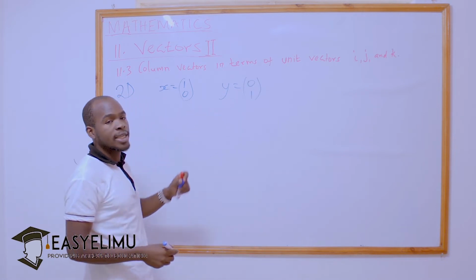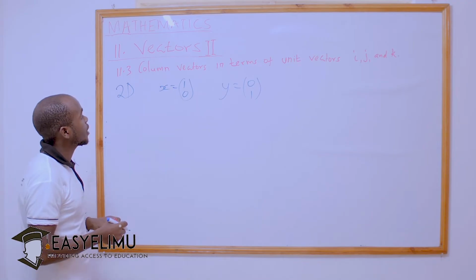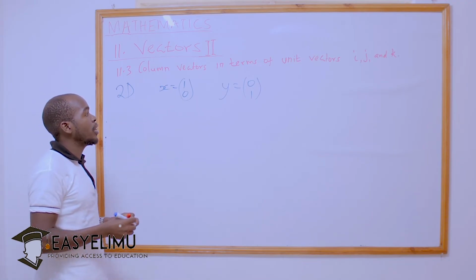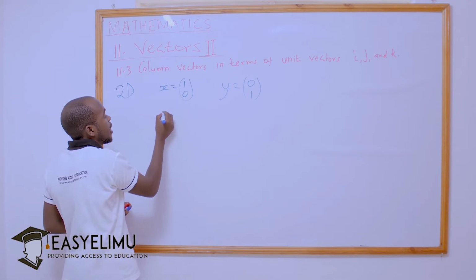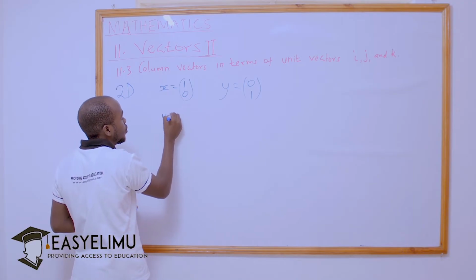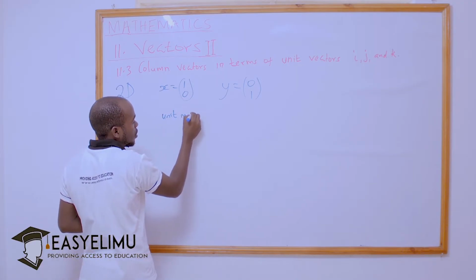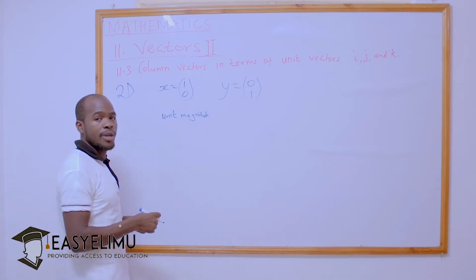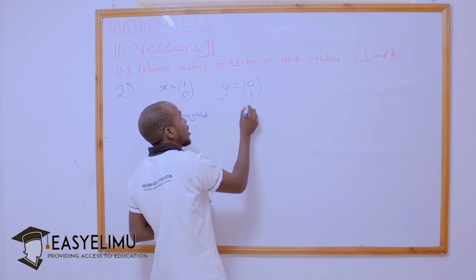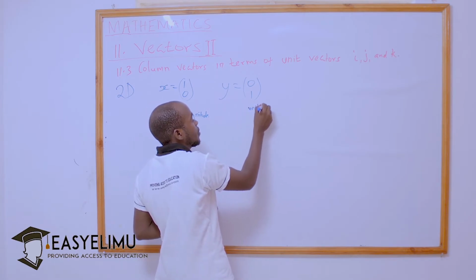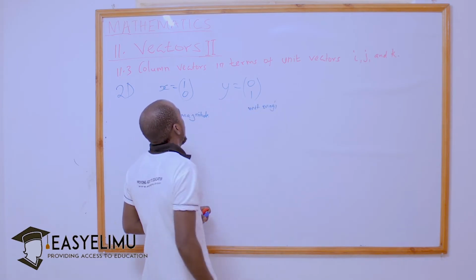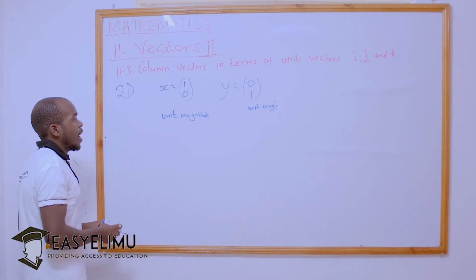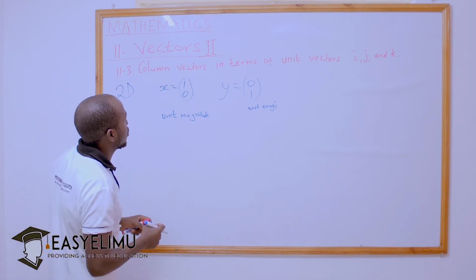These two vectors are positional vectors in 2 dimensions. We said each has a unit magnitude, and I think you understand the term magnitude as we did in form 2. They move from the origin, 0.